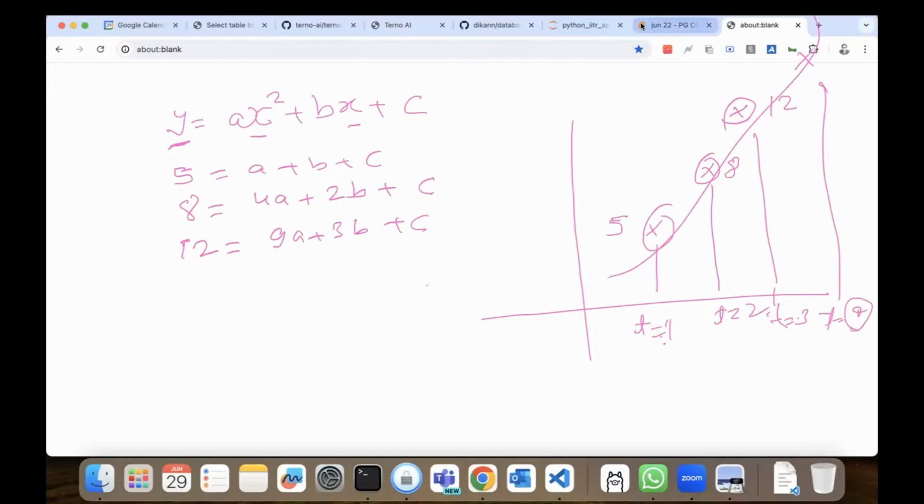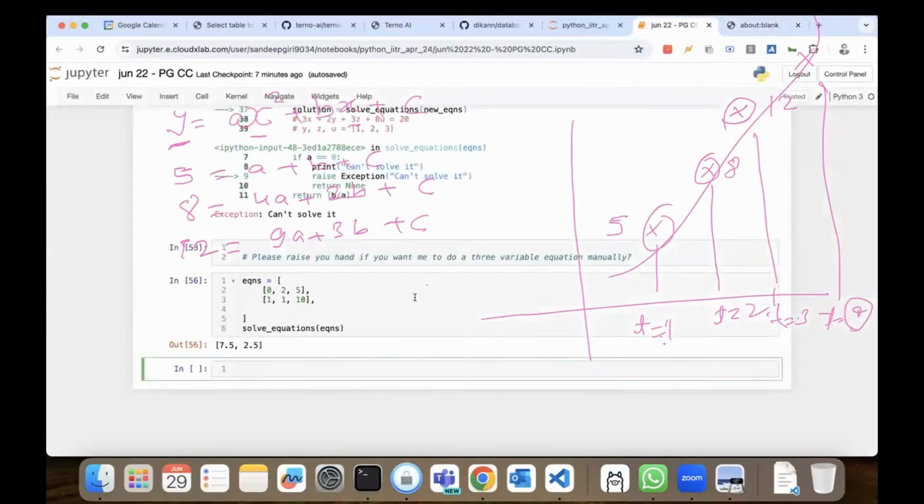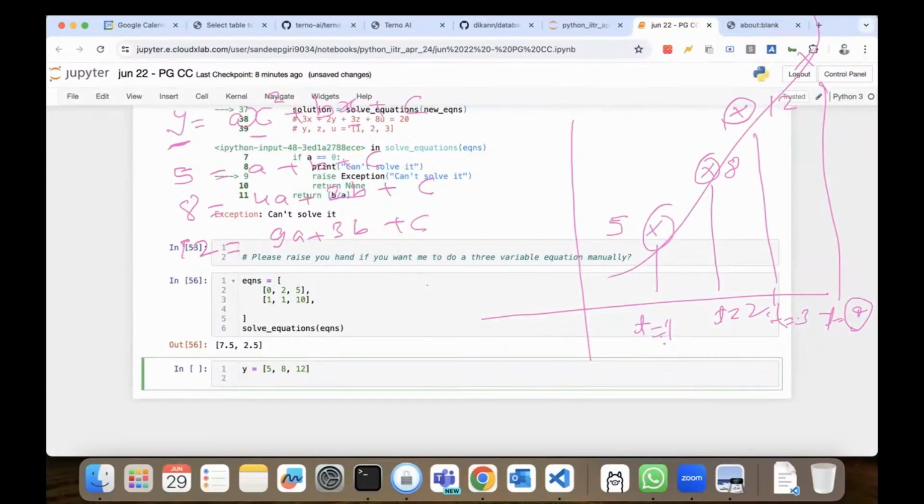Yeah, should I test it out? Let me just write the equations. Let's say we are given the value of y as 5, 8, 12, and that is my value of y.